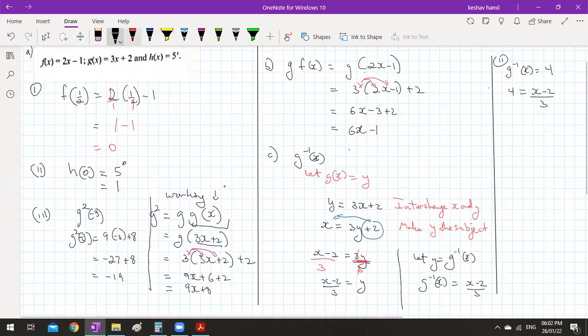And this will give us 3 multiplied by 4 on both sides. Get rid of the denominator. We have 12 is equal to x minus 2. Carry the 2 across. We have 12 plus 2 is equal to x. So x will be equal to 14. In other words, if you put 14 into the g formula, you're supposed to get 4.